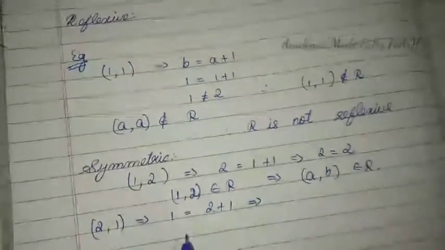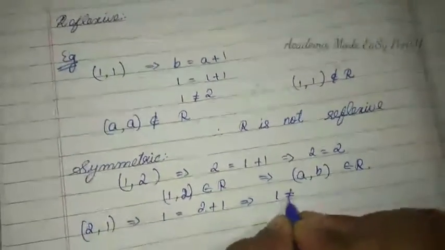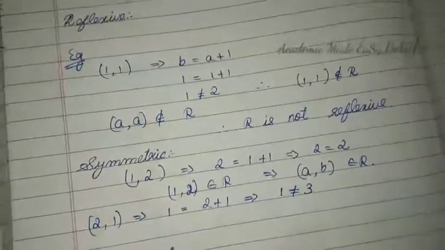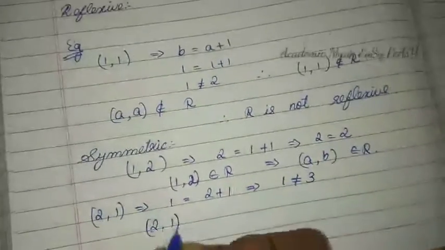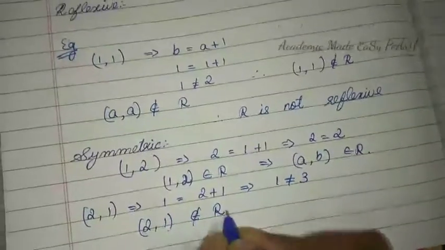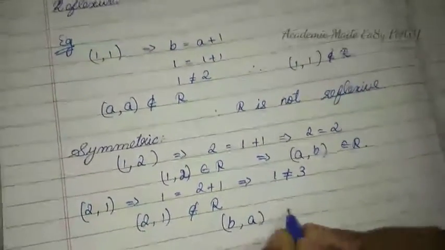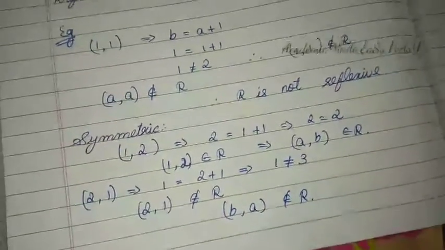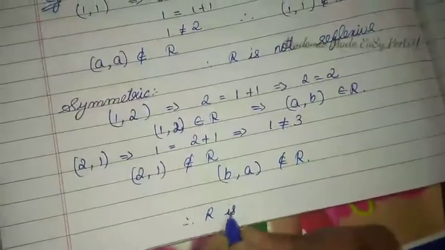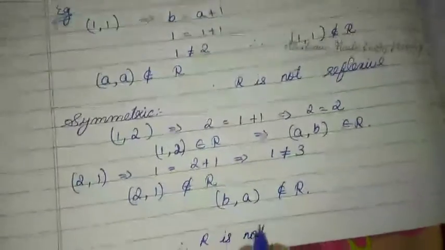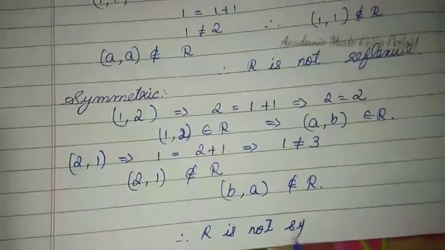This implies what? 1 is not equal to 3. So therefore (2, 1) does not belong to R. This shows that (b, a) does not belong to R. Therefore R is not symmetric.